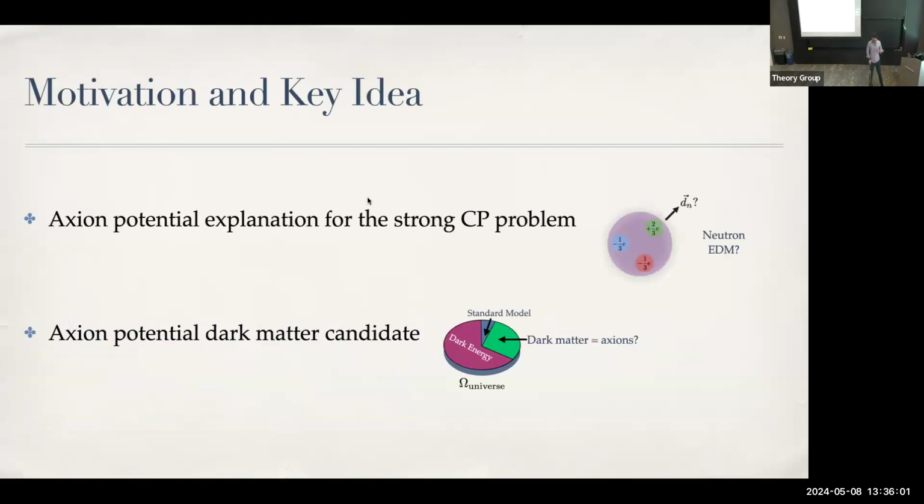First thing is axions. Why do we even want to study them? I'd say there's probably two main reasons why axion models are very interesting. The first one is that axions, or the QCD axion, can be a solution to the strong CP problem, which is the surprising absence of the neutron electric dipole moment.